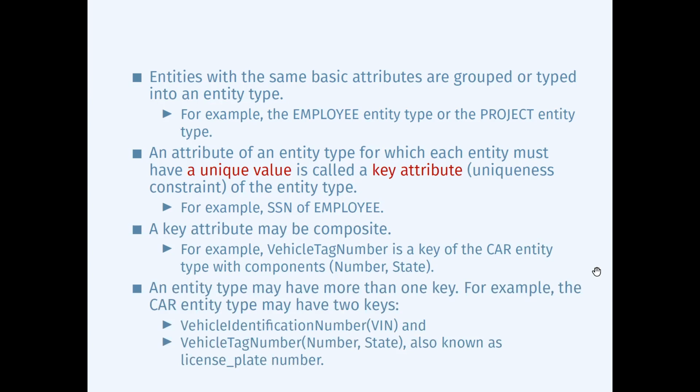And then sometimes you can have more than one key. For example, if you take a person, right? We know the national identity card number is a key attribute. Similar to that, passport number is again a key attribute, right? Then driving license number, it's a key, unique, right?